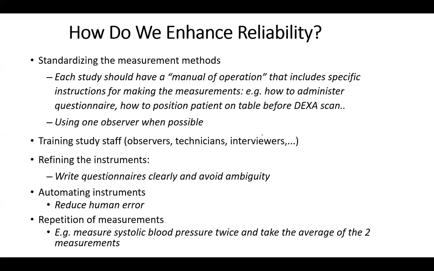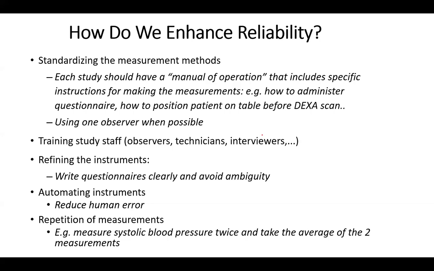When you calibrate, calibration ensures good reliability. It does not ensure validity at all; it ensures the consistency and dependability of the measure. Training of staff is very important. Refining the instrument: it starts with your conceptualization and your operationalization of your construct, and then the clearer the question, the better.